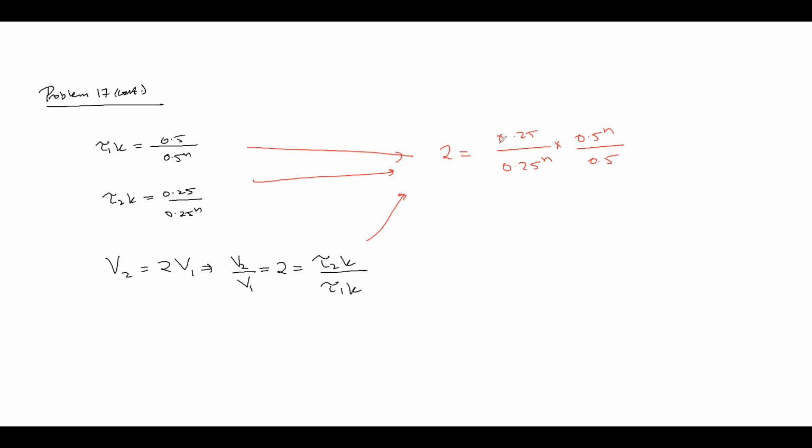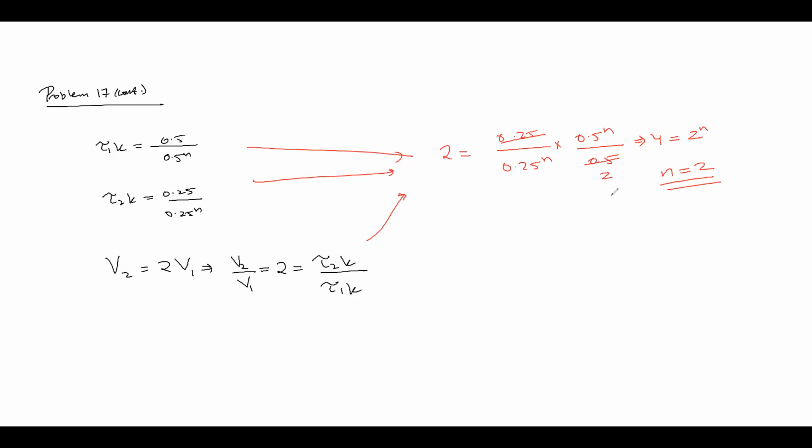So if I just solve for this, this is 2, and you can always combine these two as well. So this will be 4, right? We're going to multiply 2 to this side. 0.25, this is 2 to the n, right? 4 is equal to 2 to the n, so n is equal to 2. You have the reaction order, or order of this reaction.